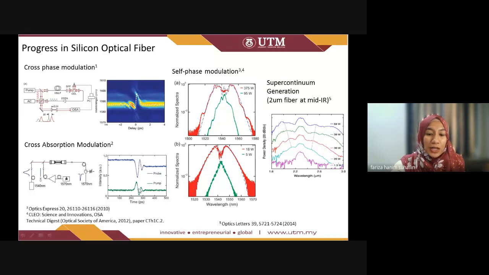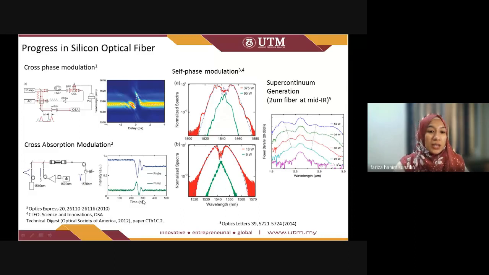So we can imprint whatever information we have in the pump onto the weak continuous signal. This is what we call signal processing, which means we transfer the data from one channel to another channel by using nonlinear optics.